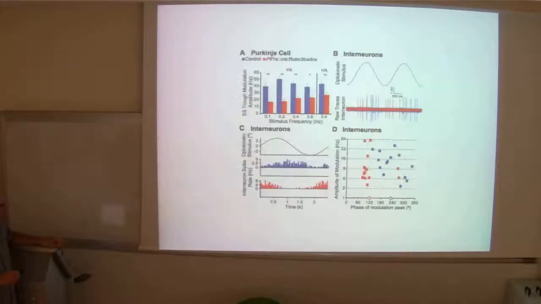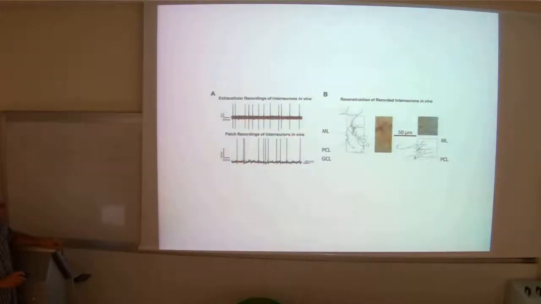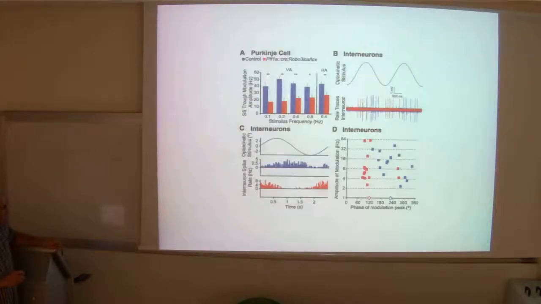So methodologically, they record from inhibitory neurons, and they show again that they fire with the oscillation, this is changed with the rerouting. But again, when you do that, you are going into trouble of how do you know that you record from an interneuron?